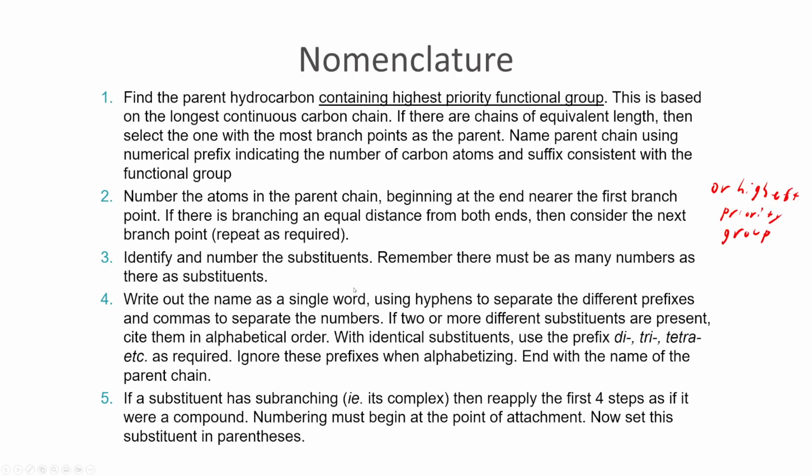Then we're going to identify the substituents. We will name those. The names of single word substituents are written in alphabetical order, with di, tri, and so on. Their names often end with YL if they're a branch. And there are other substituents such as chloro, bromo, and so forth. That's the way we handle halogen substituents.